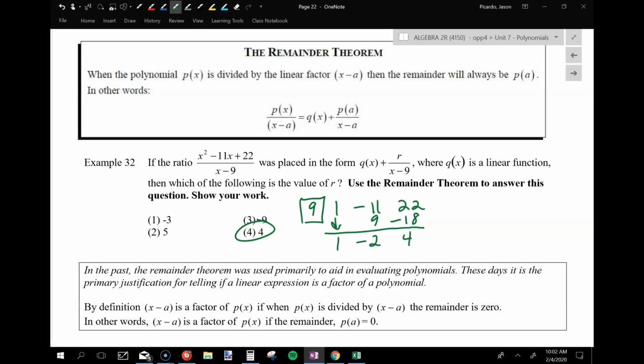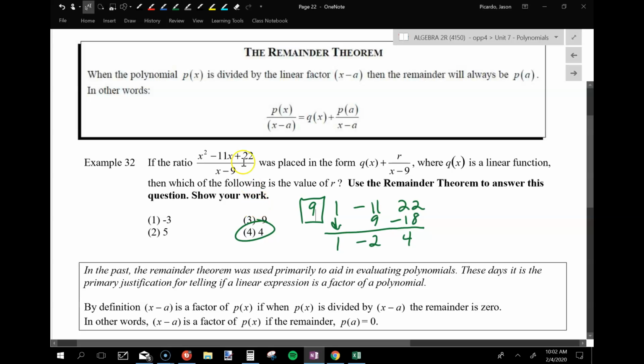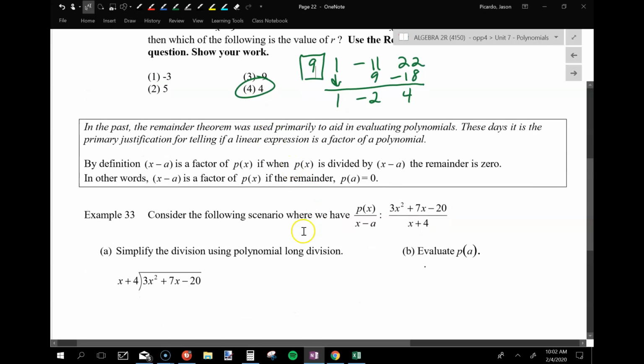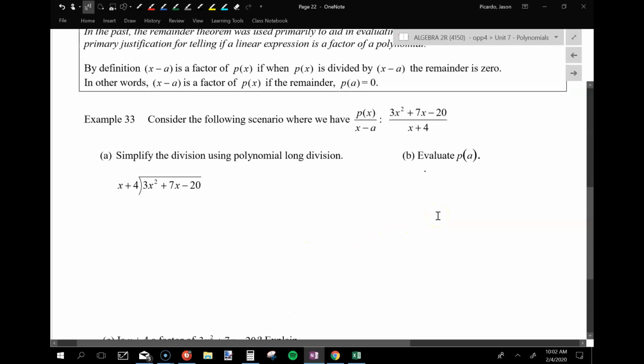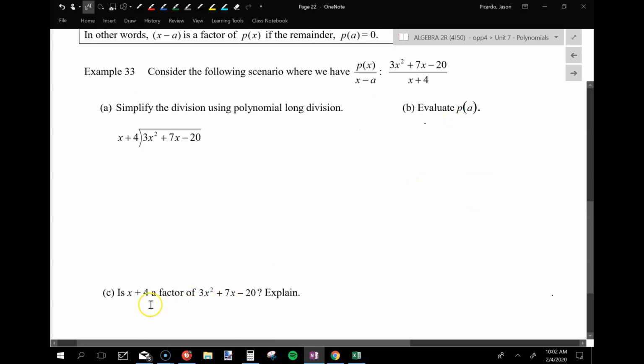All right, so what types of things would you use the remainder for? Well, the biggest one is the remainder theorem. The biggest thing is going to be something like this, where I literally ask you, is something a factor? Now, what does this question say specifically? It says simplify the following using long division.